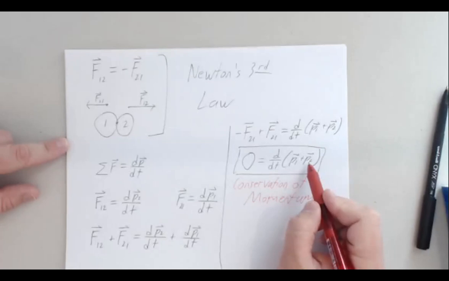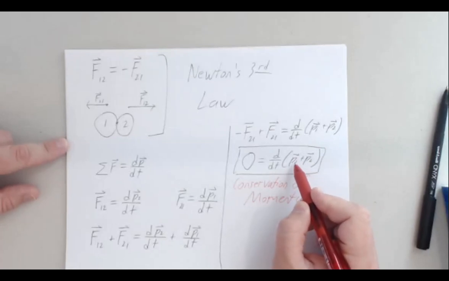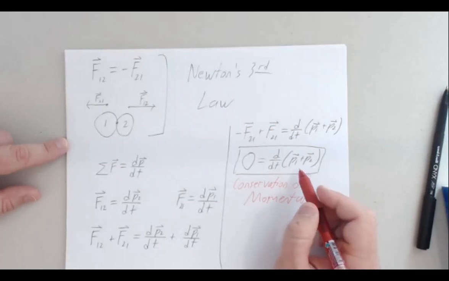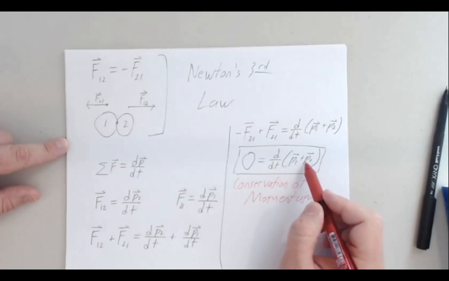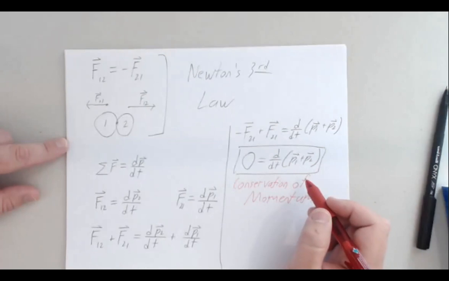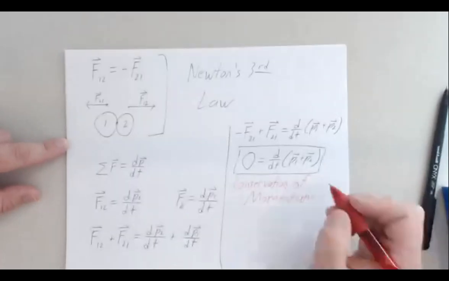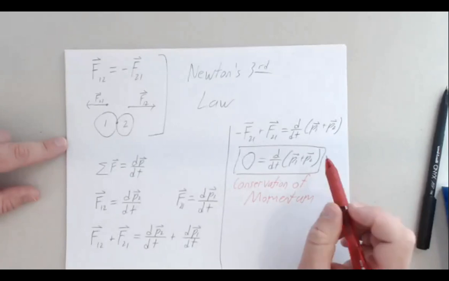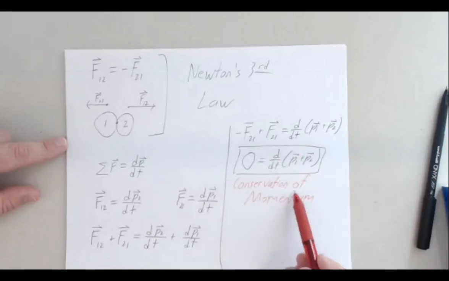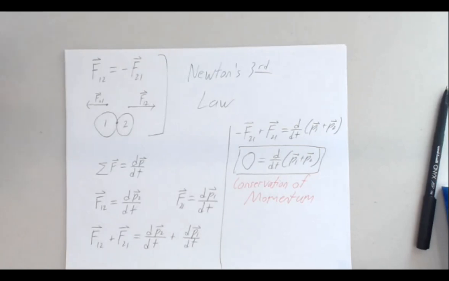If object 2 shoots off to the left, then object 1 has to go to the right, an equal amount of momentum, because these vector sums always have to add up to a constant, okay? So Newton's third law is really just a statement of conservation of momentum, okay? That in every interaction between any two objects, the total amount of momentum is conserved.